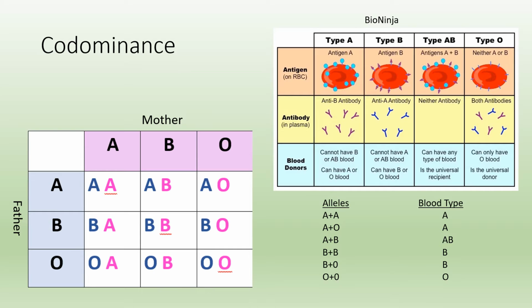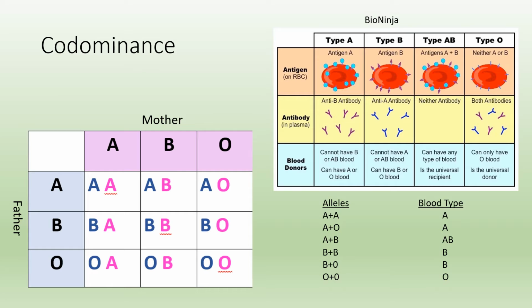If you have type B blood, you make antibodies to type A, which means if you need a blood donation, you can receive B or O, but if you get A or AB, you're going to have an immune response. And it can be a very severe one, and these can end up being fatal.